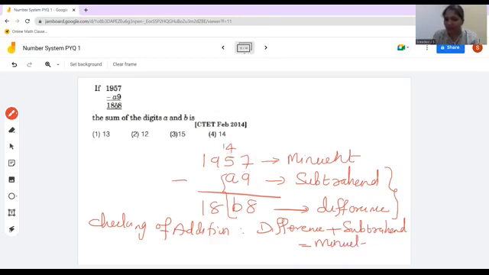So we can assume that after borrowing, 14 is left here. So when you add A plus B, we should definitely get 14 as the answer. That is, A plus B is equal to 14. This has been done using the principle of checking.